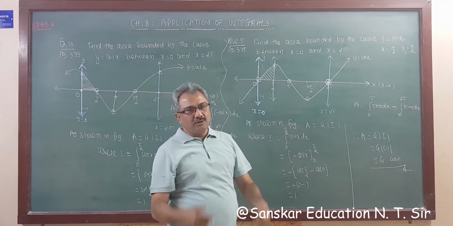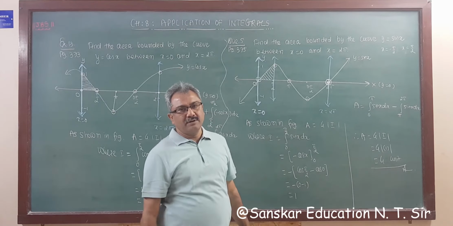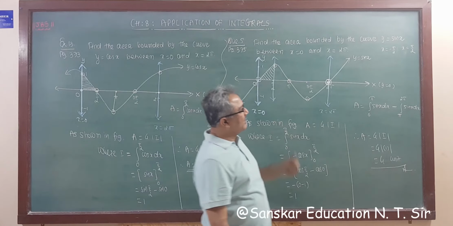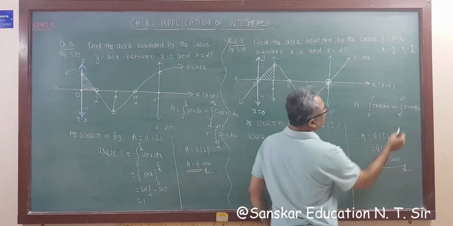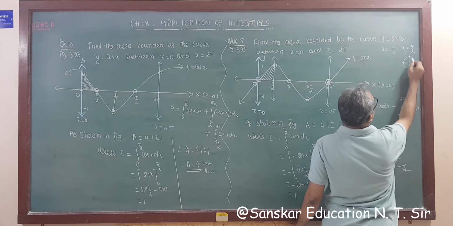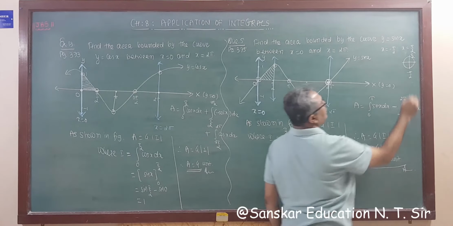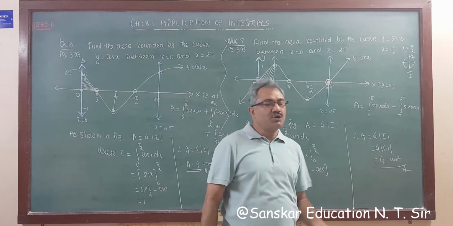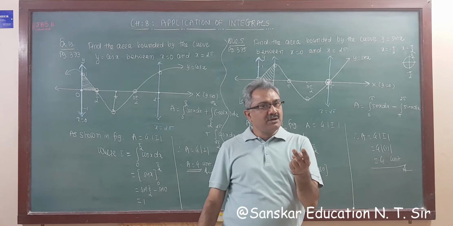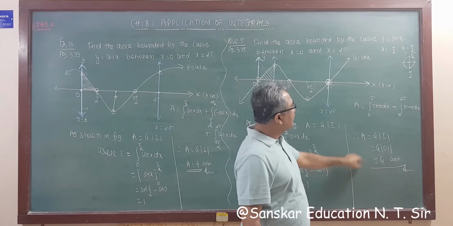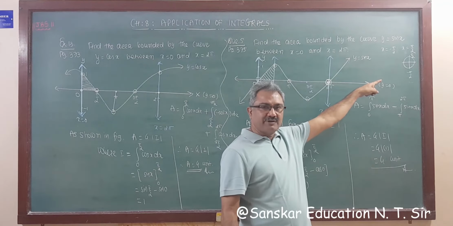So how many quadrants are involved here? 2 quadrants, right? Minus pi by 2 to plus pi by 2, that means in the unit circle, this is your minus pi by 2 and this is plus pi by 2. So in the fourth quadrant it is minus and in the first quadrant it is plus. So what you have to do, 2 quadrants are involved, right? So 2 times mod I, the answer is this. So your answer will be 2.